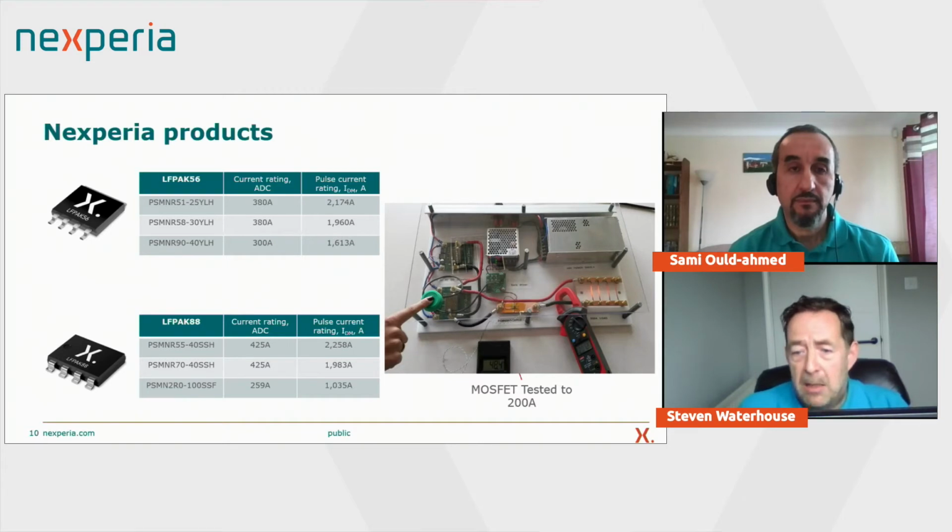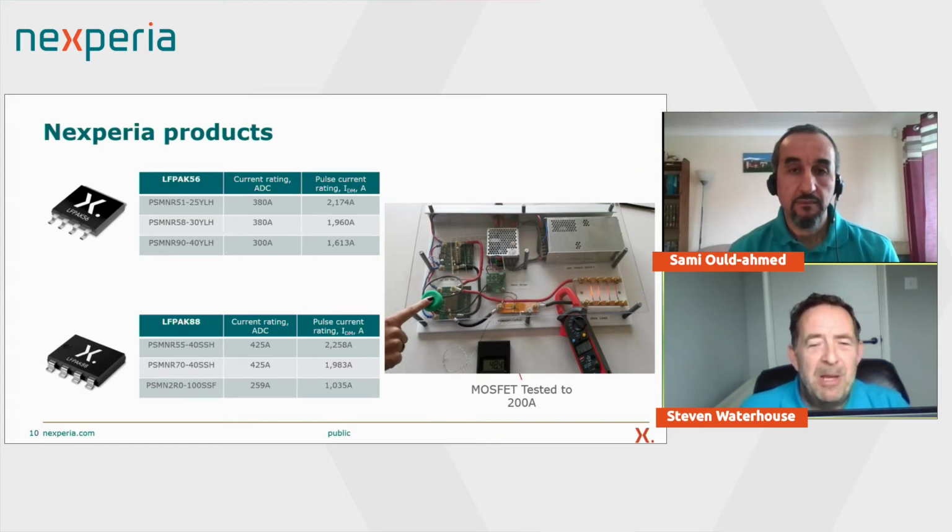And do you intend to achieve higher current in the future? Yes, we always test the capability. As we develop new products, which may be lower RDS on, it may be that we develop parts with a higher current rating.